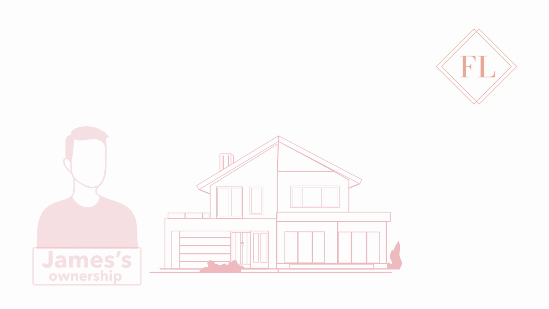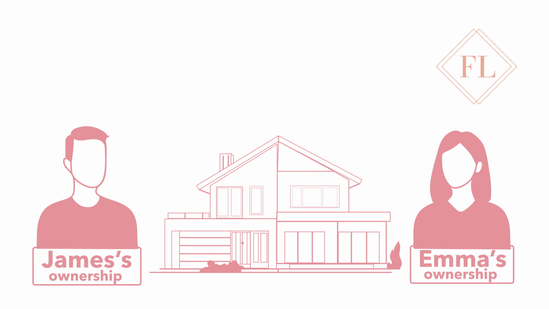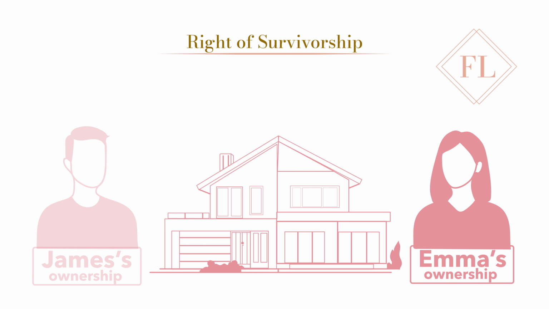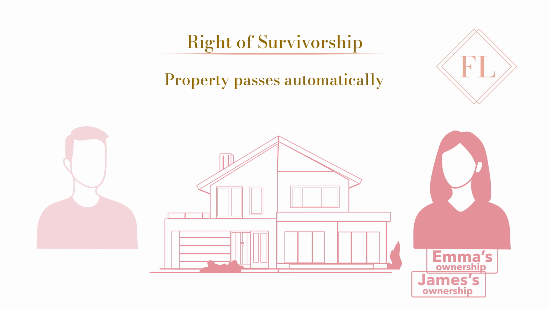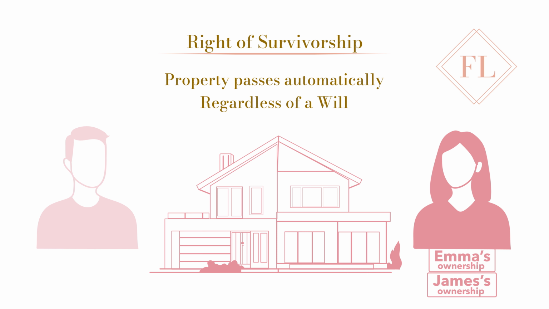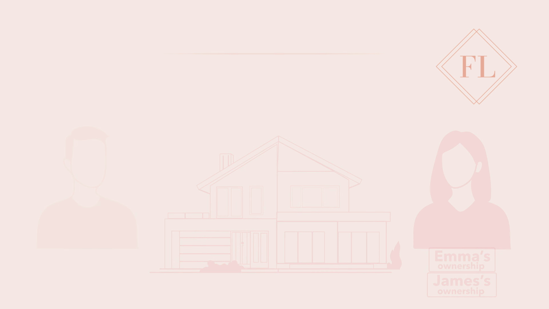If unfortunately one of the parties to this agreement were to pass away, there is something called a right of survivorship, and this means that the ownership of that property will automatically go to the other party or parties. This is regardless of any will, so this is quite a key point. Often you'll find that joint tenants is something better suited to couples who want the home to pass on directly to the surviving partner.